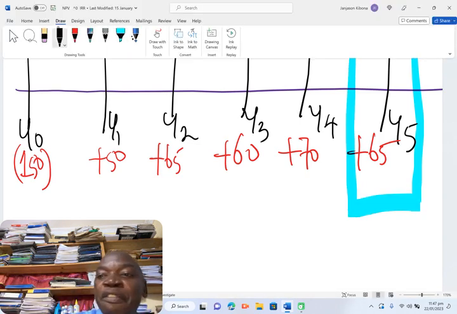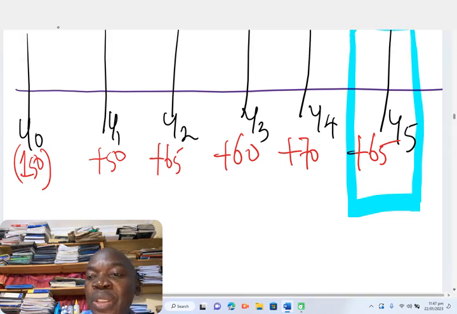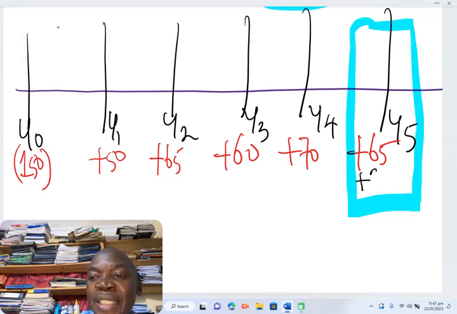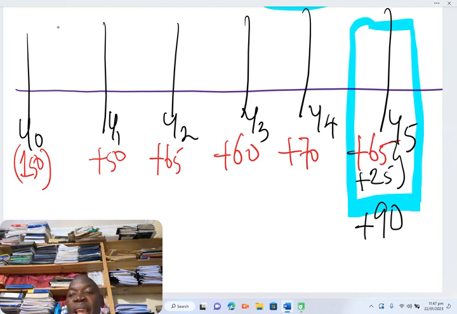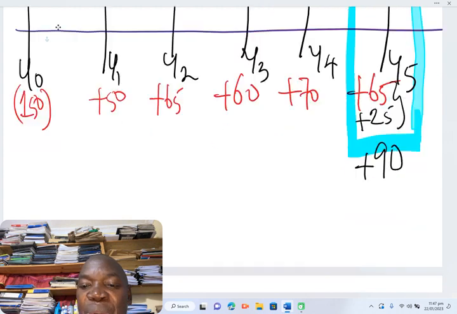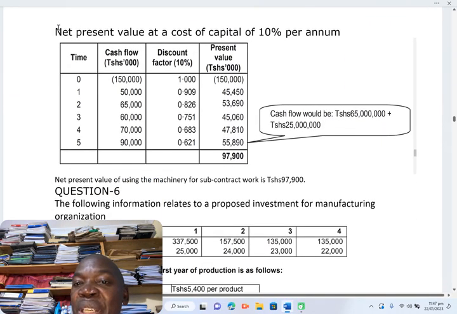So in year 5 there is an additional 25. In total, we have 65 plus 25, which is 90, positive. Now, what is so far the good news? This is what has been reflected here.